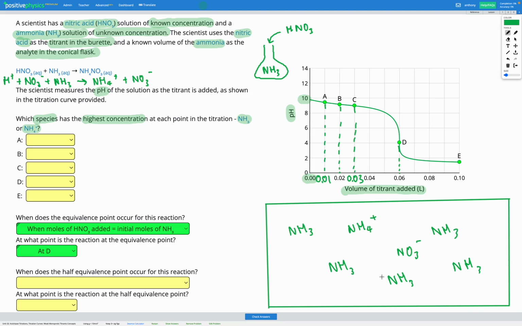So in this situation, I started out with 6 NH3 shown on my diagram. So if I add 3 HNO3, I've already added 1, so let's add 2 more. An H+ and an NO3-, and another H+ and another NO3-. Again, that H+ is going to react with the NH3 to form NH4+.